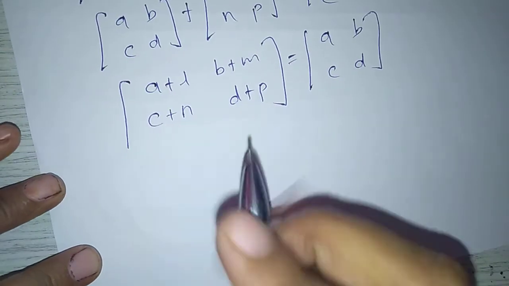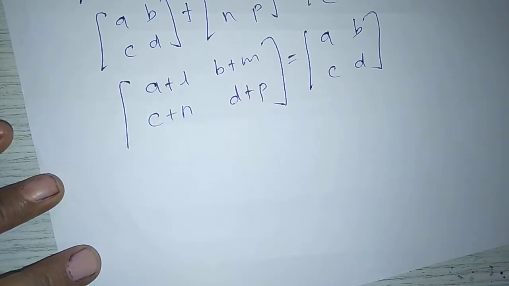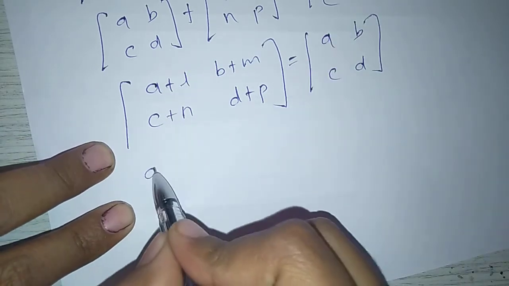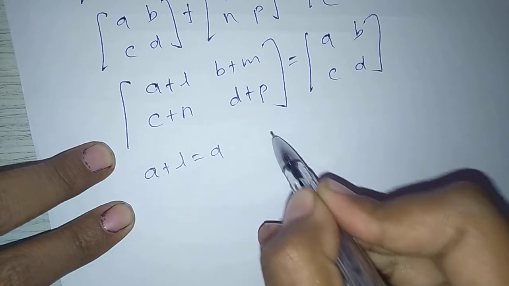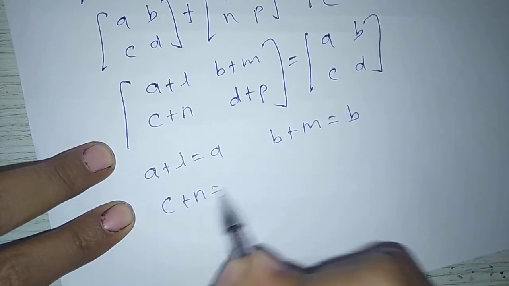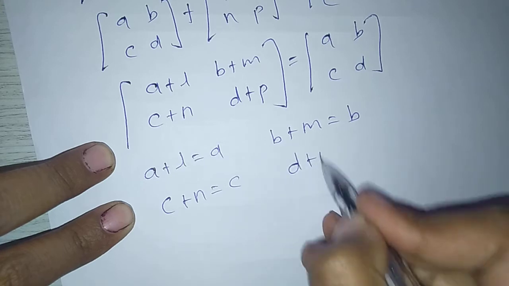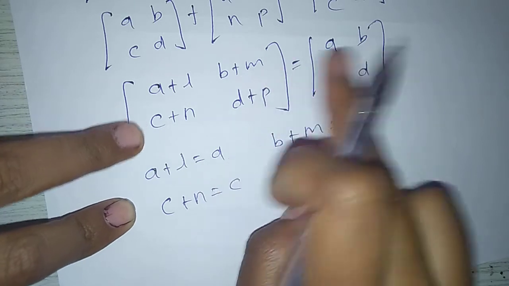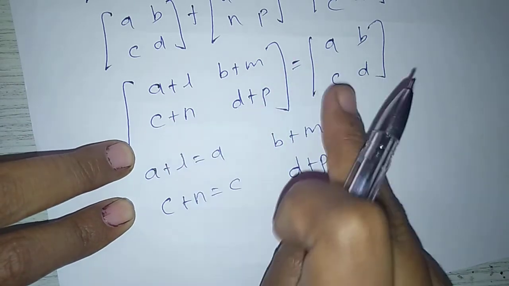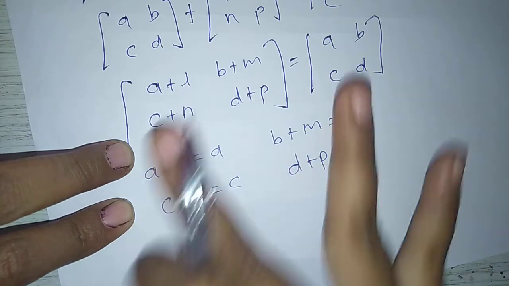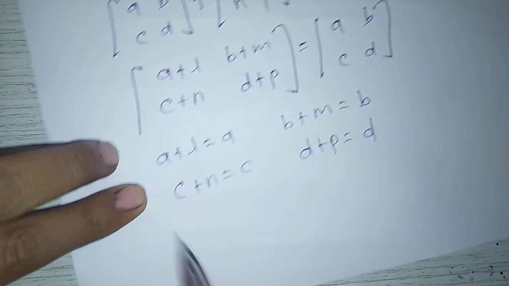These two are equal, means their entries must be equal, means A plus L equal to A, B plus M equal to B, C plus N equal to C, D plus P equal to D.